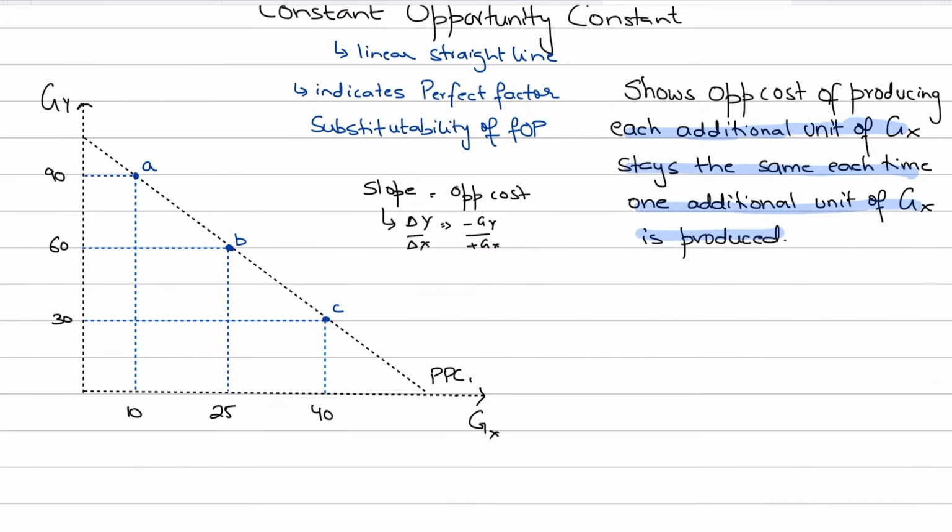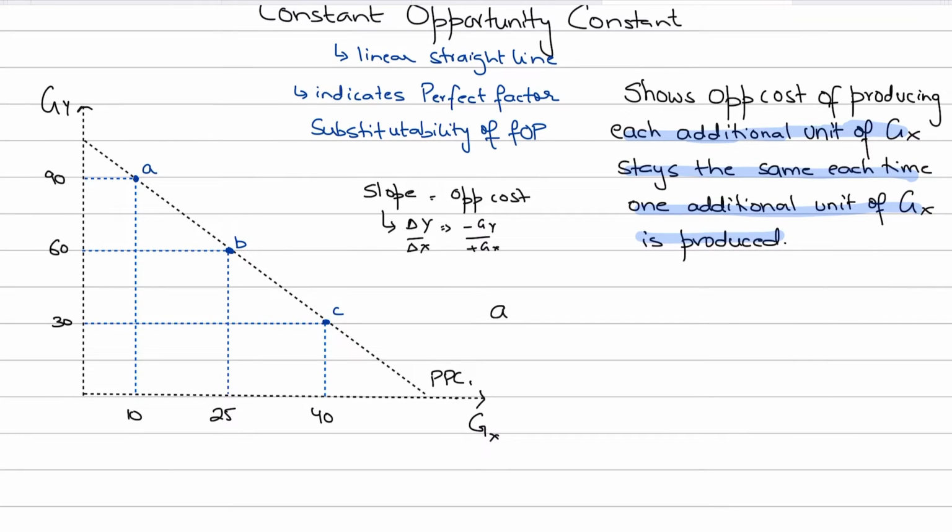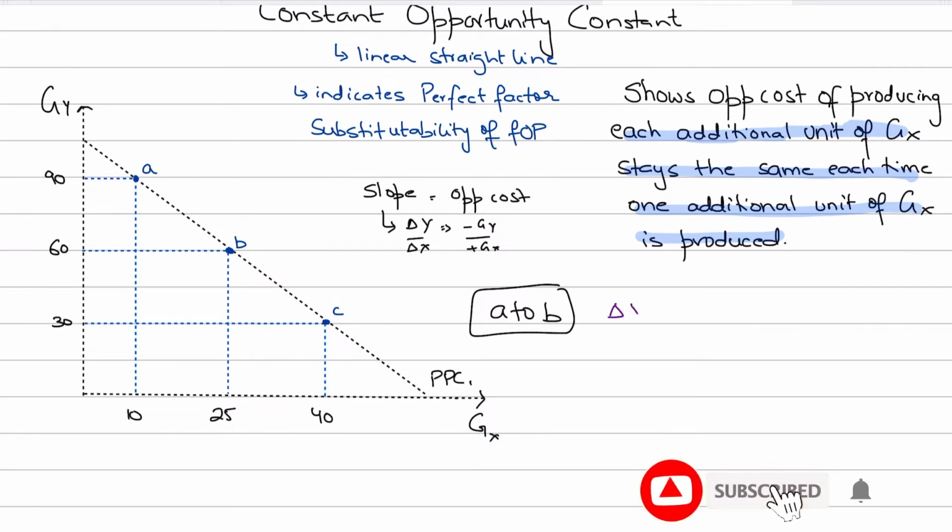So you have good x and good y on the axes, and point A is telling us that you're producing 90 units of good y with 10 units of good x, and point B is telling us that you're making 60 units of good y with 25 units of good x. So let's see what happens if you go from point A to B. Let's calculate the slope when you move from point A to point B. The slope is technically the marginal opportunity cost here.